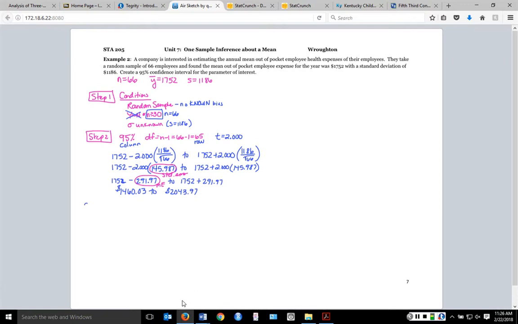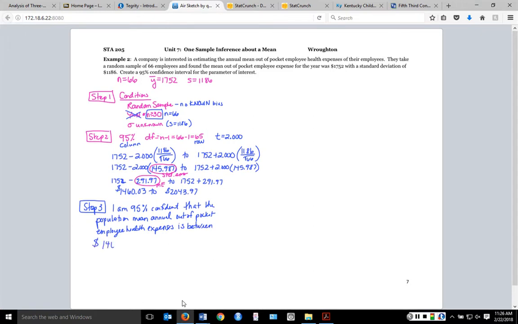Okay, so finally we're going to interpret. So I am going to be 95% confident that the population mean annual out-of-pocket employee health expenses is between our two numbers.